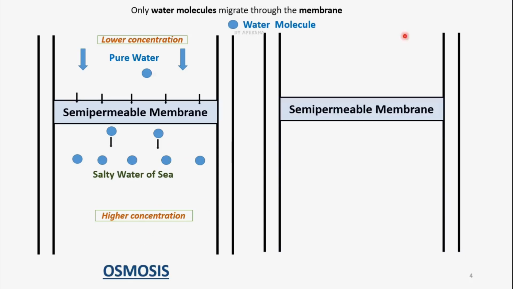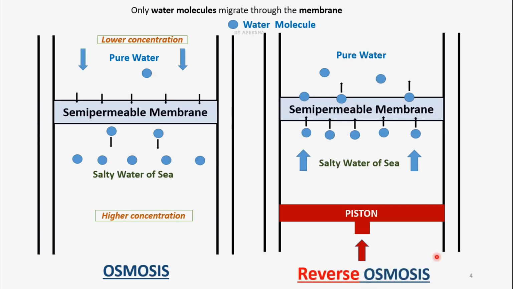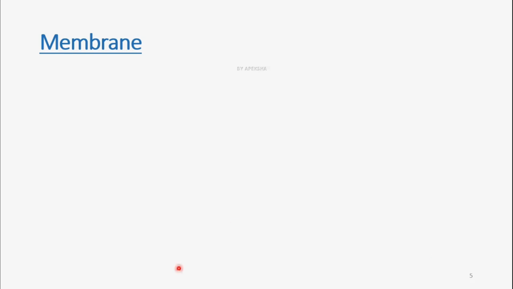Then, the same solutions are there. Now we are applying pressure on the salty water that is greater than the osmotic pressure. Then the movement of molecules will be reversed, from salty water to the pure water. Okay, so this phenomenon is reverse osmosis.